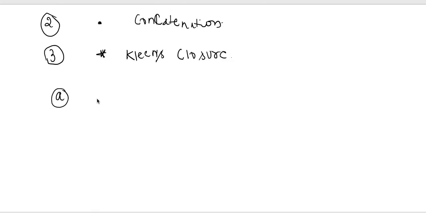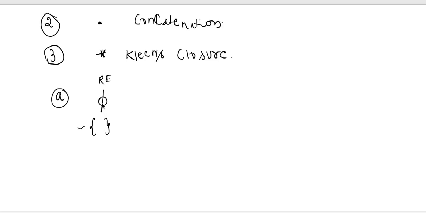See, phi means what? Actually, phi itself is a regular expression, and it is the regular expression for the empty language. Phi is a regular expression which is accepting nothing, empty language.